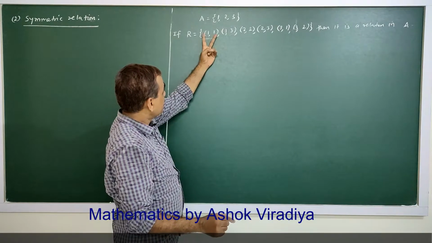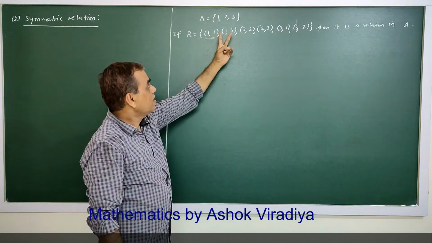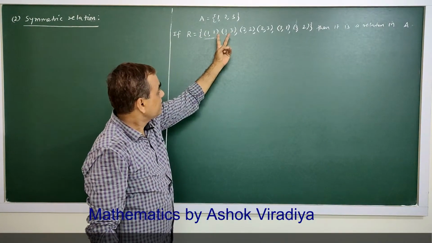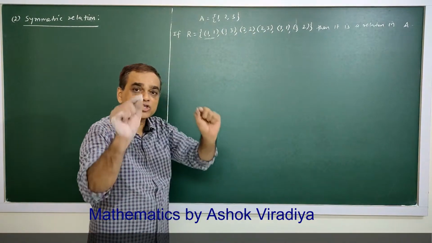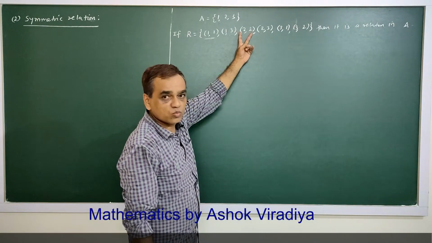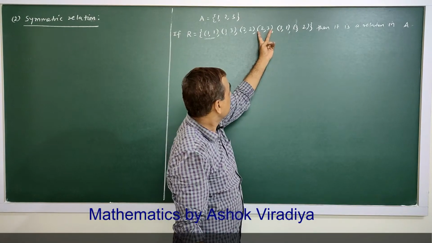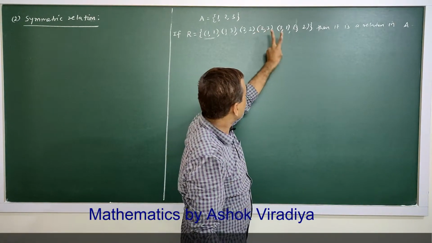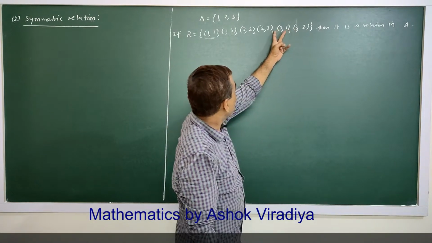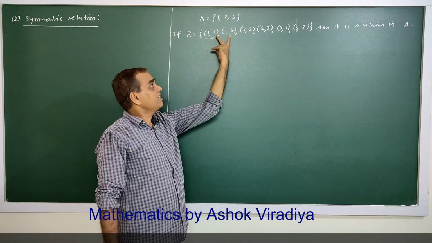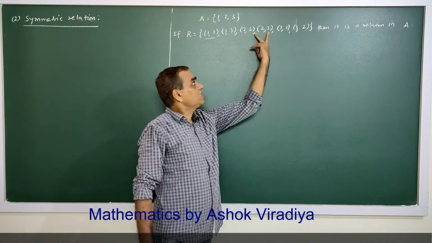So (1,1) is in R, its inverse itself, so belongs to R. (1,3), then its inverse is (3,1). Here it is (3,1). It belongs to R. Take next (2,2). Its inverse is (2,2). It belongs to R. (2,3), so its inverse (3,2). So (3,2) is here. Take (3,1), its inverse is already discussed, (1,3). (3,2), its inverse is (2,3).